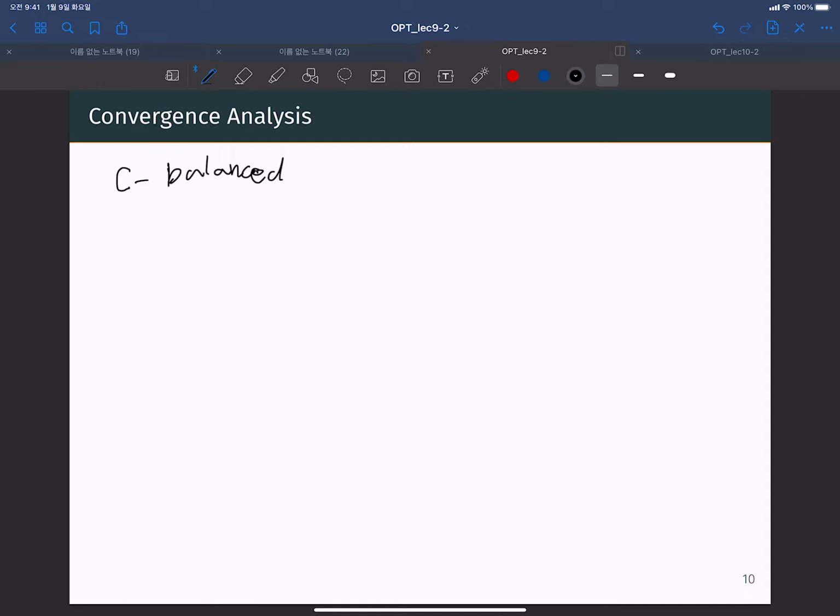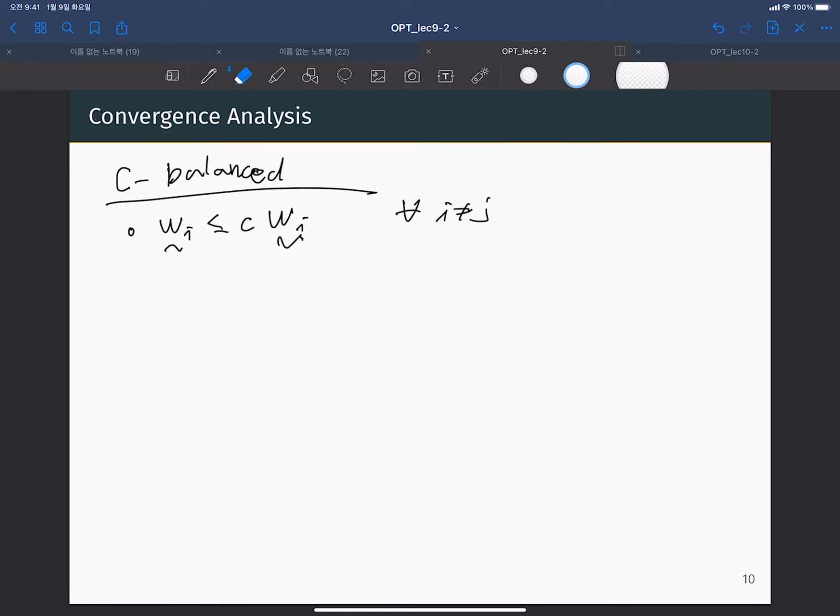The C-balanced concept means all Wi values have this property: for any pair of i and j, one parameter cannot be bigger than c times another parameter.